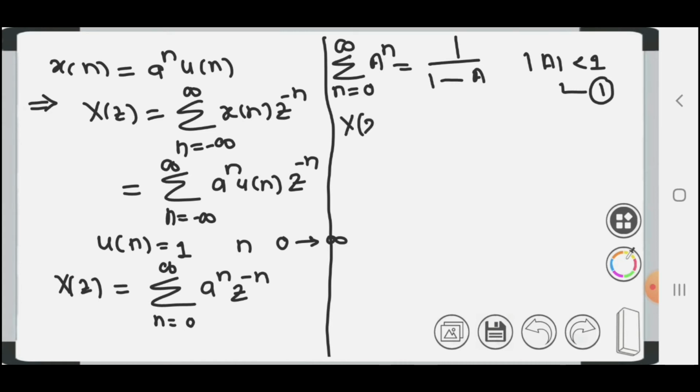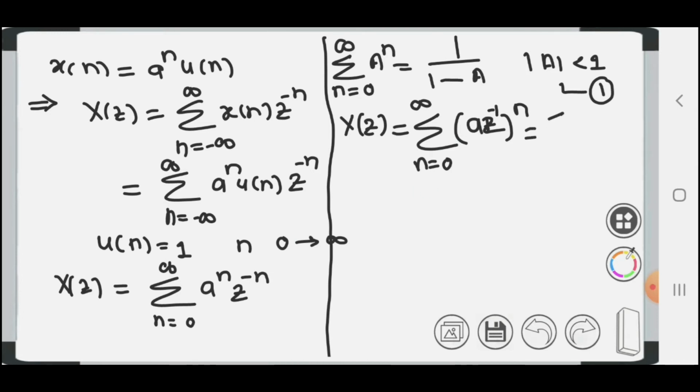So, X of z, now compare it with this, we can write it down like summation n from 0 to infinity. See, we can take this n as a common. As we take n as a common, z is having minus n. So, we can put here z raised to minus 1.